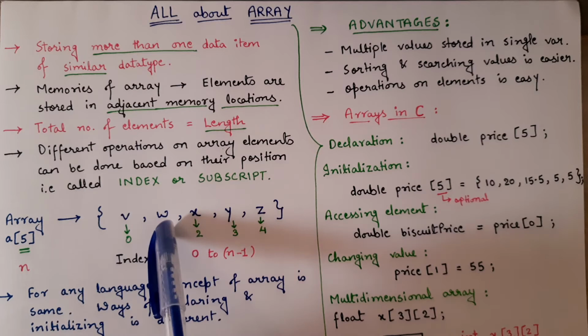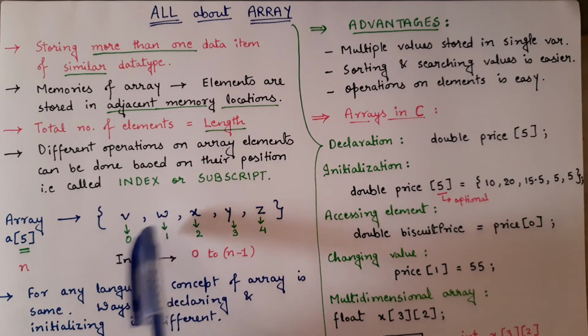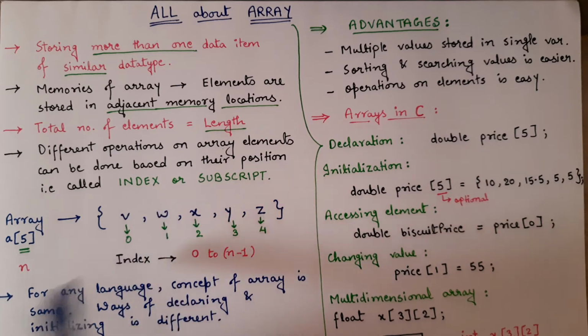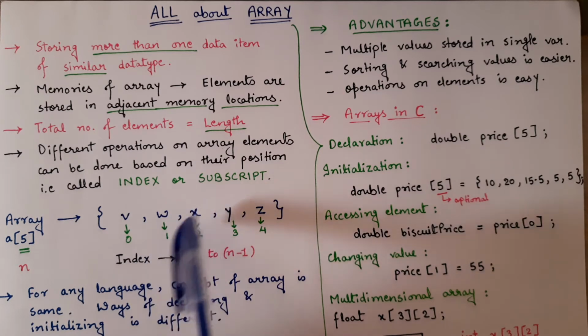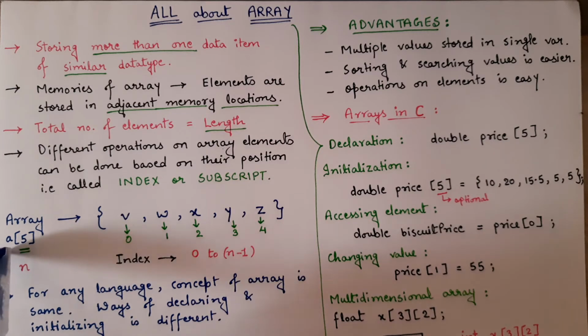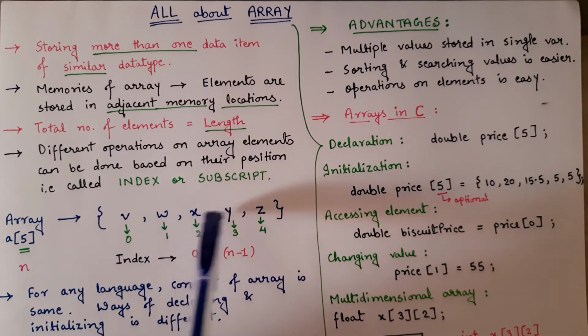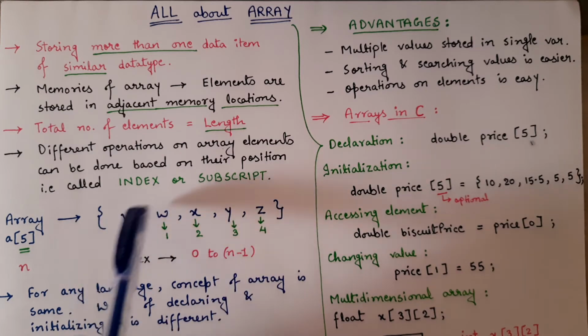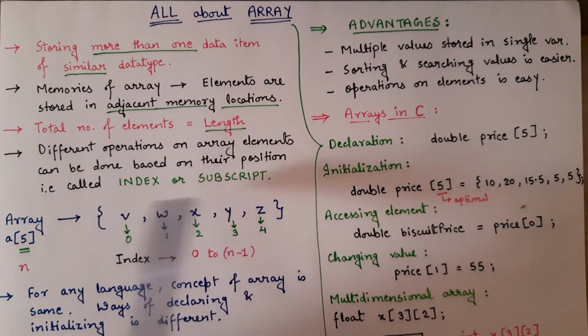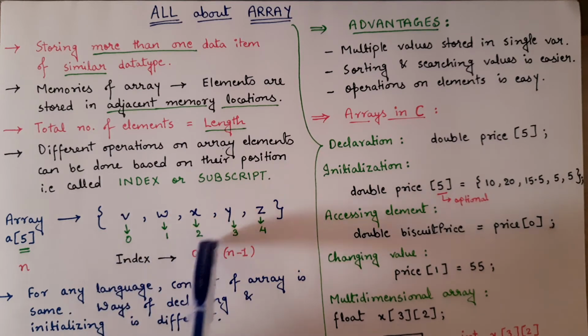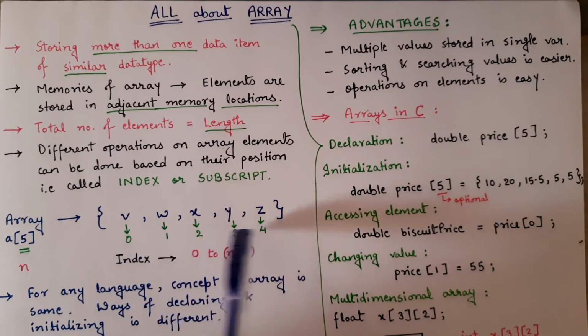Similarly, the index of the second element is 1, the index of the third element is 2, and so on: 0, 1, 2, 3, 4. Got it? So A is your array name, 5 is your length, V, W, X, Y, Z are your elements or the content of the array, and 0, 1, 2, 3, 4 are the indexes of your elements.